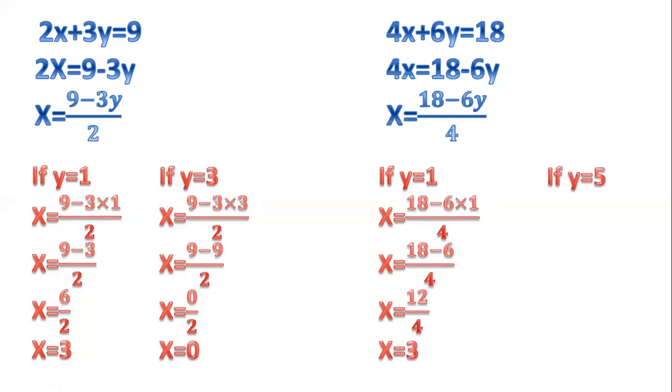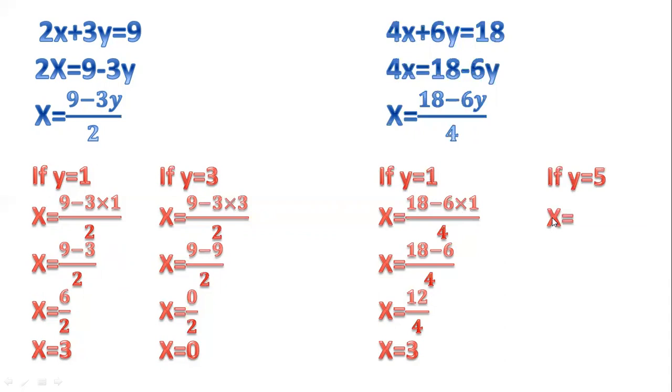Another value will be 4 more than 1, 1 plus 4 is equal to 5, or 4 less than 1, 1 minus 4, that is minus 3. You can put y is equal to 5 also, or y is equal to minus 3 also. Or you can put again 4 more than this, that is y is equal to 9 also. You will get the integer as an answer.